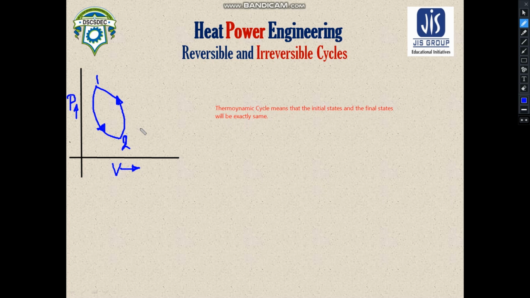So this is a general understanding, not a specific definition. It doesn't necessarily mean that a process which can be reversed in both ways is a reversible process.